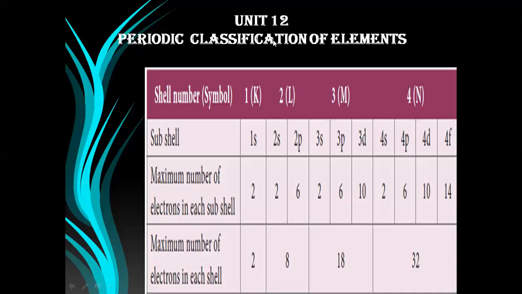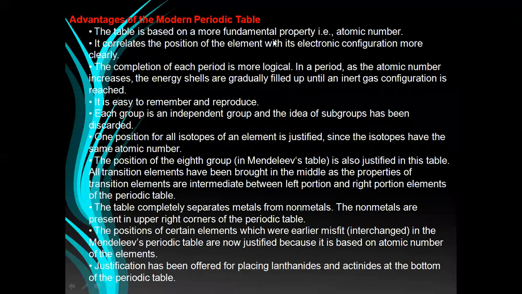The next topic is the advantages of the modern periodic table. The first one is that it is based on a very basic property, that is the atomic number. The modern periodic table is based on the atomic number, but the Mendeleev periodic table is based on the atomic mass.